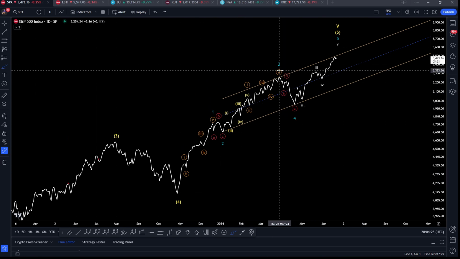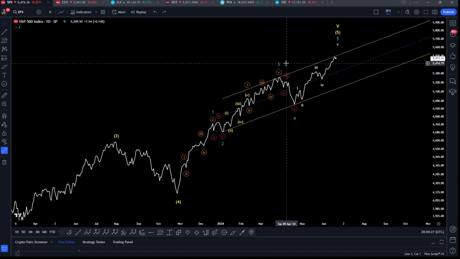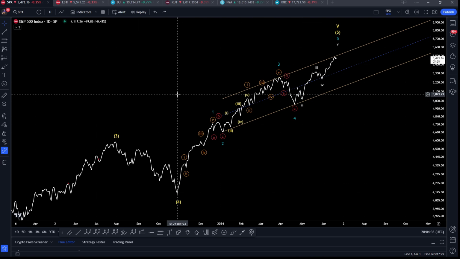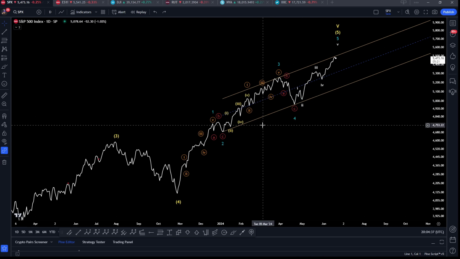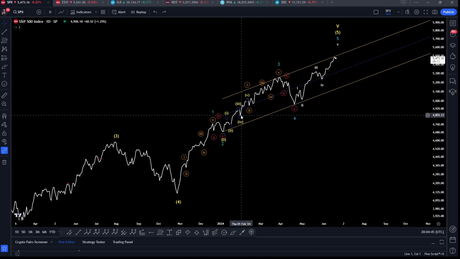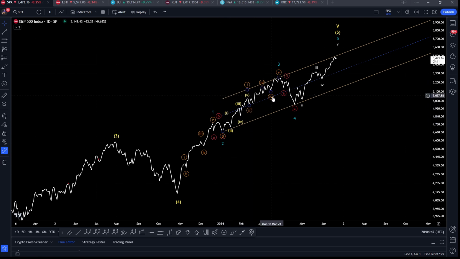Let's look at just this 3rd wave. Where do corrections typically bottom? In the 4th wave of the prior degree, unless the 1st wave is extended, then it's the 2nd wave of the extension. You can see 1, 2, 3, 4, 5, 6, 7, 8, 9.